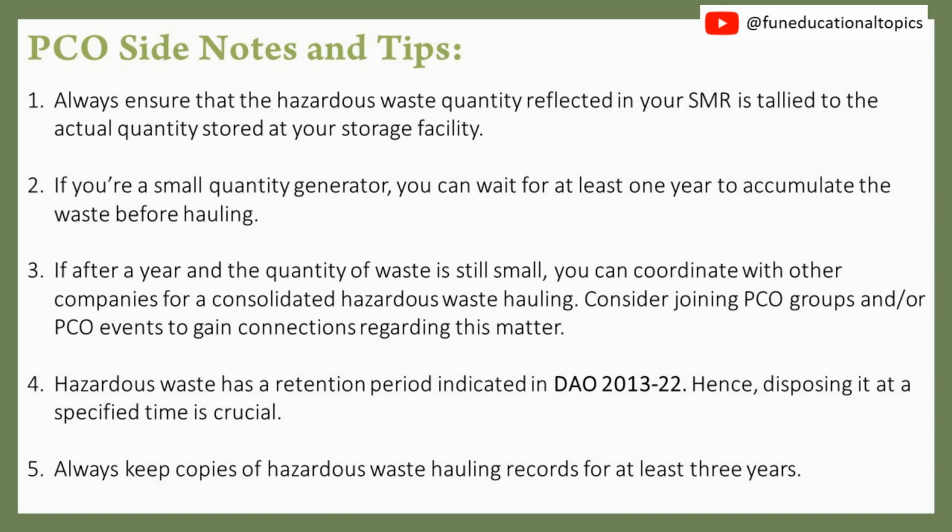If after a year the quantity of waste is still small or less than 1 metric ton, or depending on the agreement between you and your service provider, you can coordinate with other companies for a consolidated hazardous waste hauling. To do that, you may consider joining PCO groups and/or PCO events to gain connections and increase your network that may help regarding this matter.